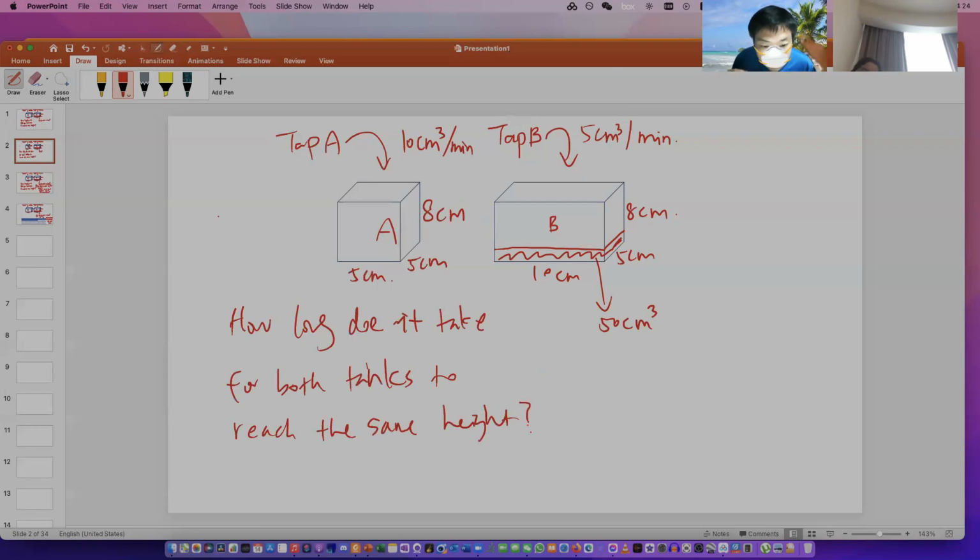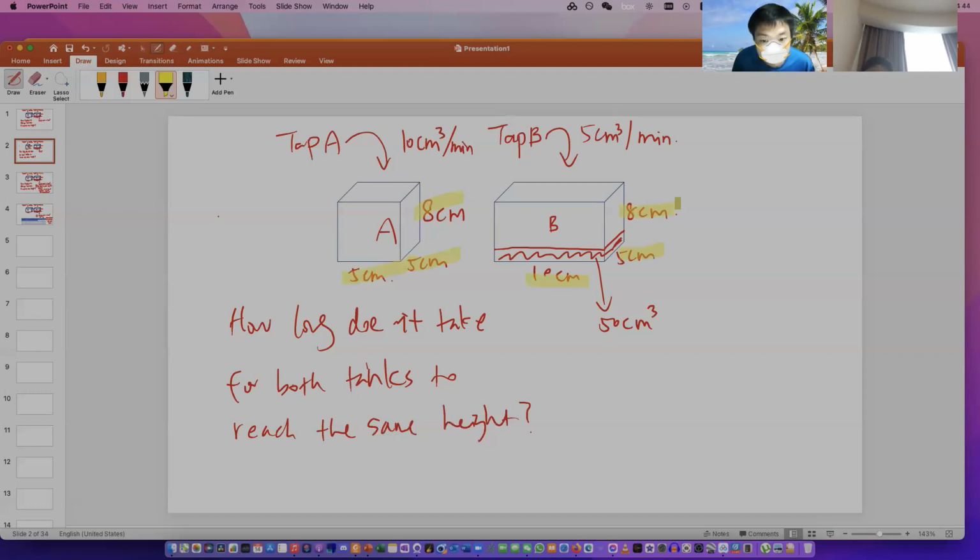How does this question differ from that question? I hope you can see that the dimensions between the two are already different. So how does this change in dimensions affect the answer?